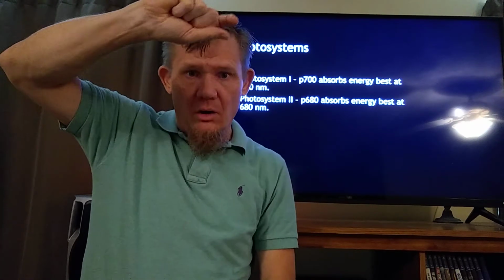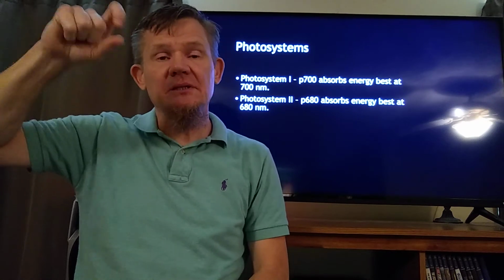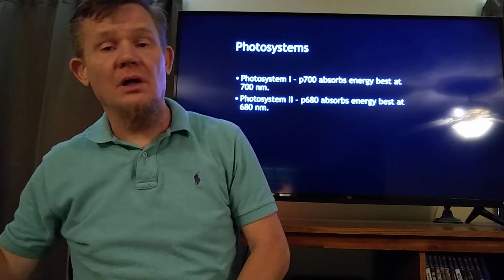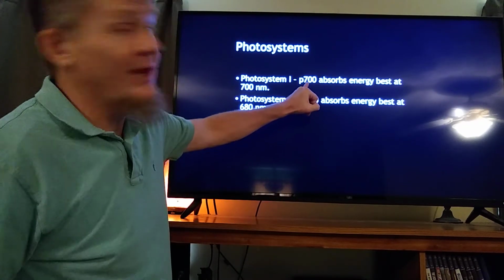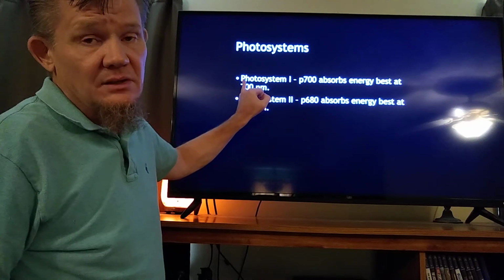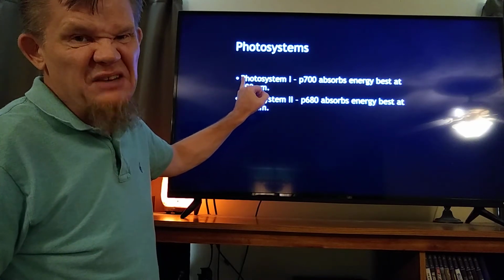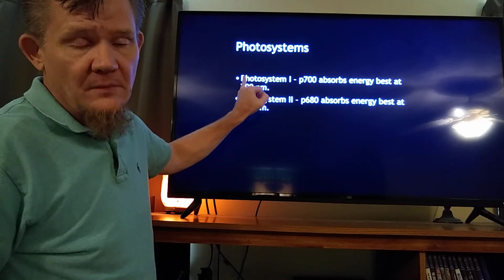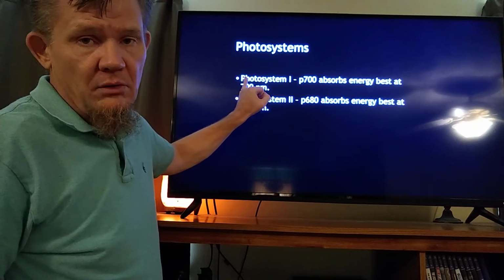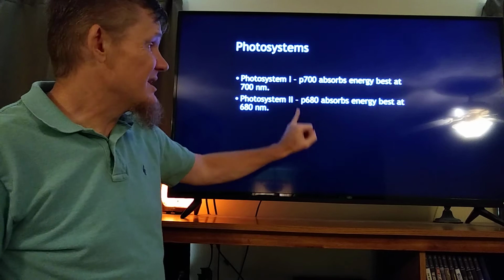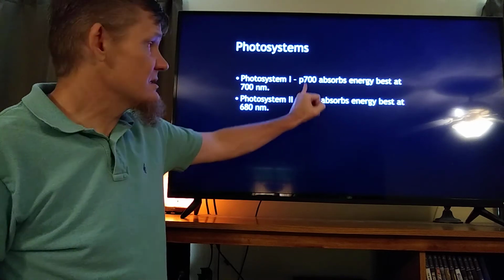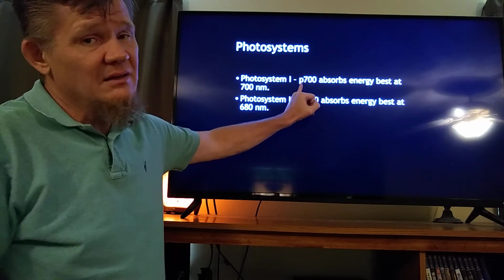That ball that got knocked off of the T ultimately will fall onto a molecule of chlorophyll A. Chlorophyll A is the center of photosystem 1. We call that molecule of chlorophyll A P700. P680 because it absorbs red-orange best, 700 because 700 is red.